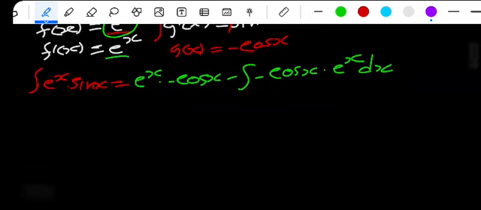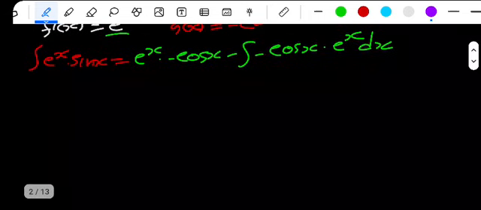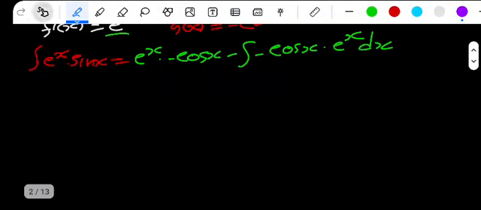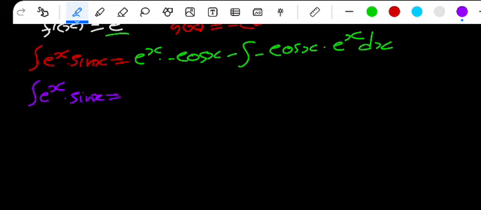Sorry about that. On our left hand side we still have the integral of e^x multiplied by sine x. Multiplying these two, we will have negative e^x multiplied by cos x.